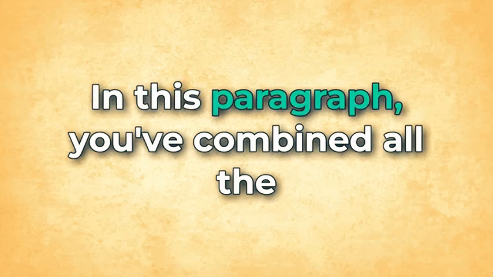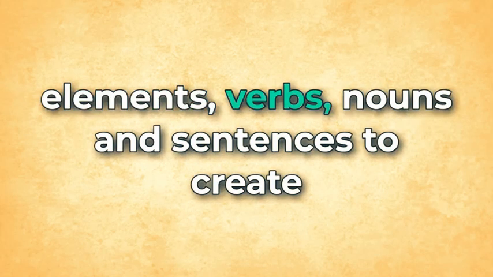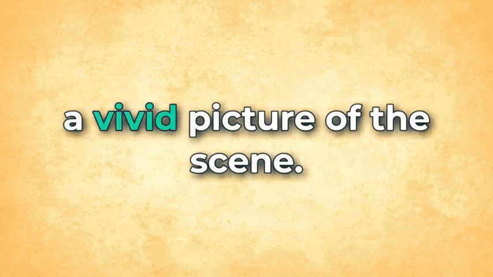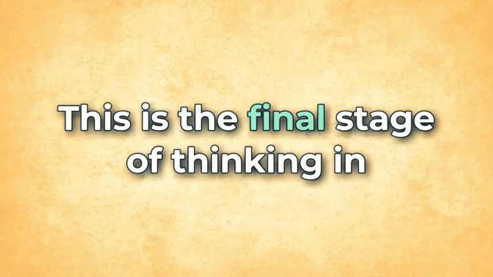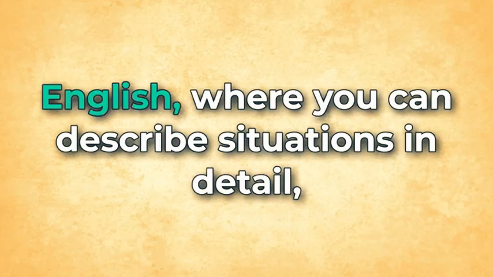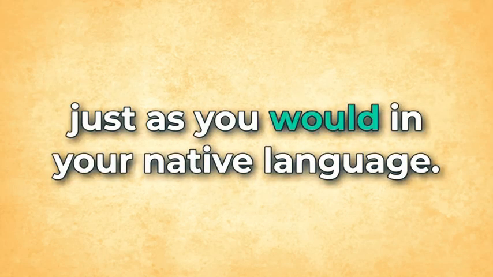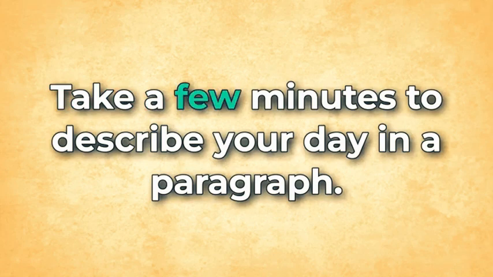In this paragraph, you've combined all the elements, verbs, nouns, and sentences to create a vivid picture of the scene. This is the final stage of thinking in English, where you can describe situations in detail, just as you would in your native language. Take a few minutes to describe your day in a paragraph.